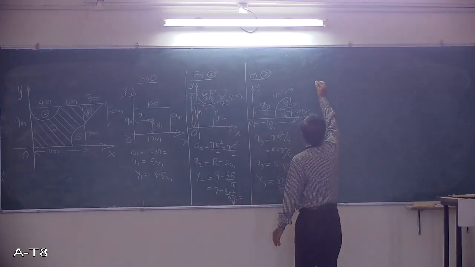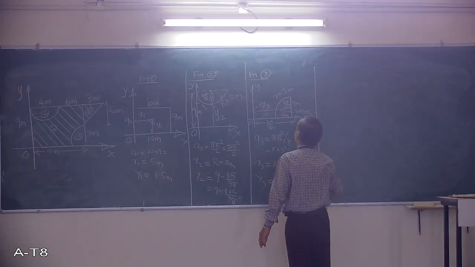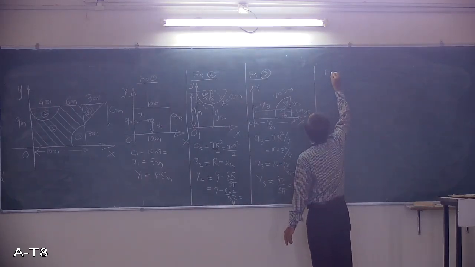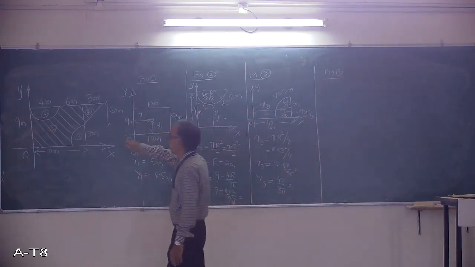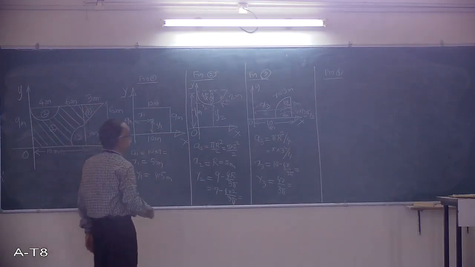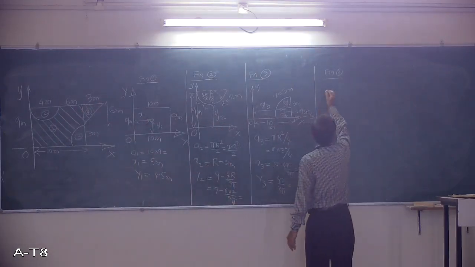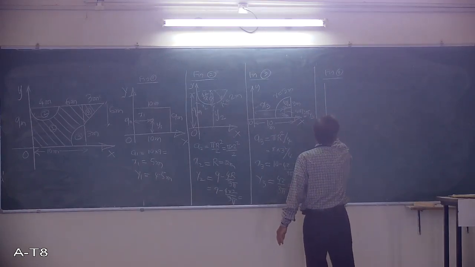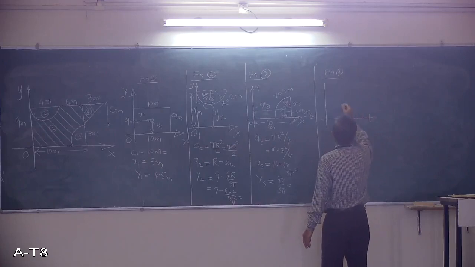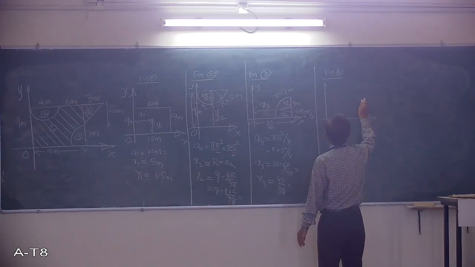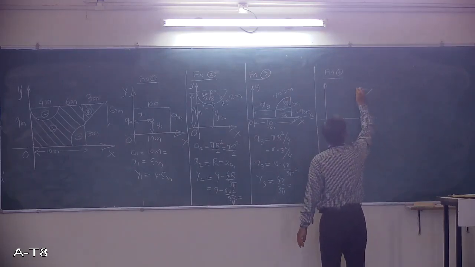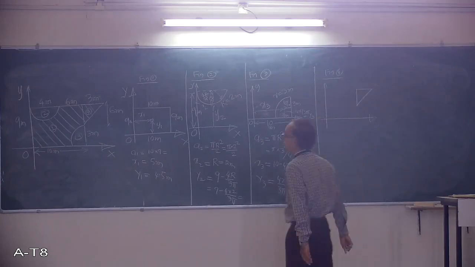So then, I come to the figure 4. Figure 4 is a triangle. Same, this is figure 4, triangle. I draw the figure here, x and y axis. You have to draw the figure along with x and y axis.